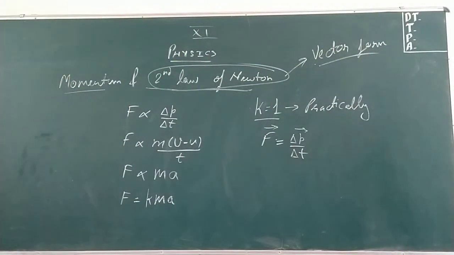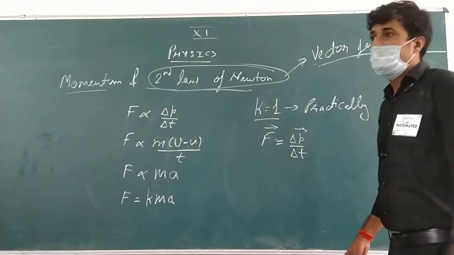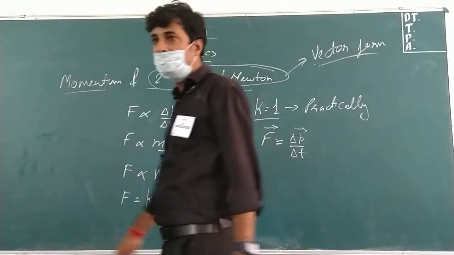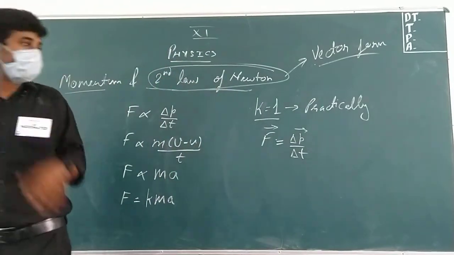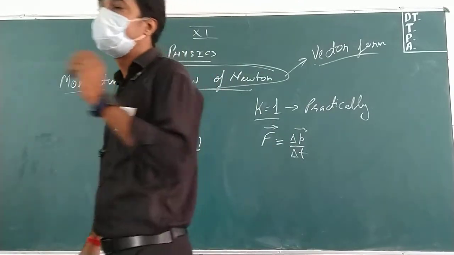If anything is in vector form, then it has three components: along the x-axis, along the y-axis, and along the z-axis.